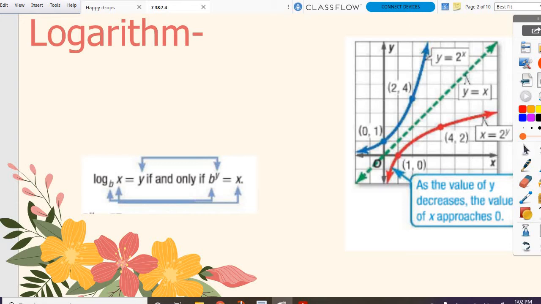So in general, a logarithm is the inverse of an exponential.